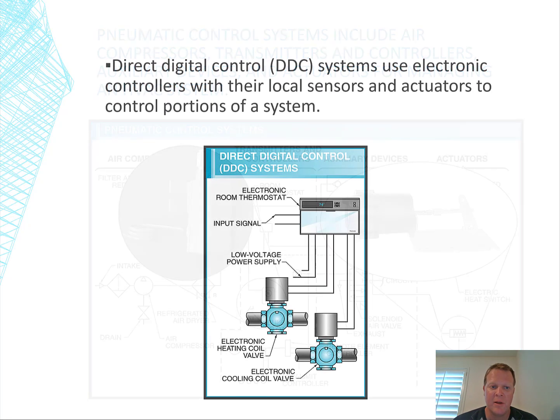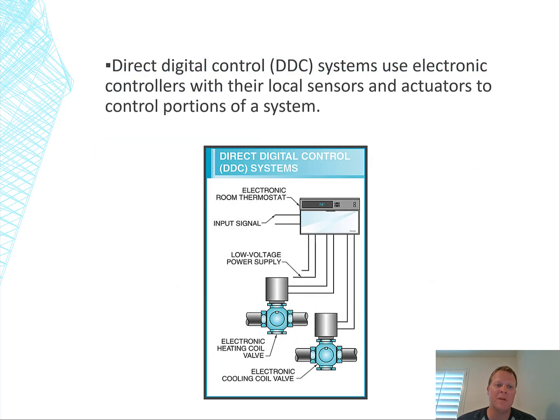And so pneumatic definitely is a way to be able to transfer information. But more common is the DDC, or the direct digital controller, using electronic information to be able to both send information from sensors to the controller and also send out actions from the DDC.